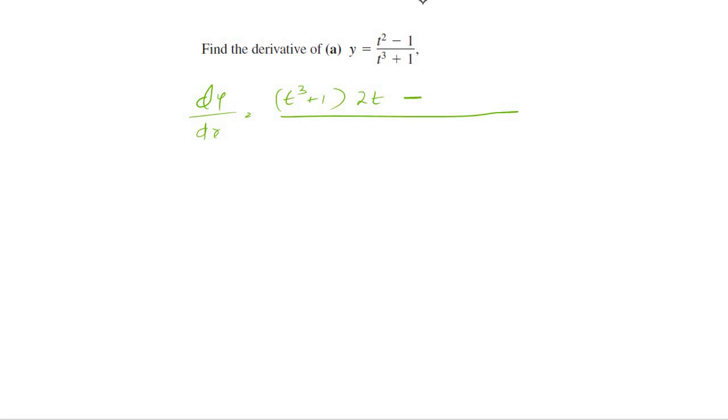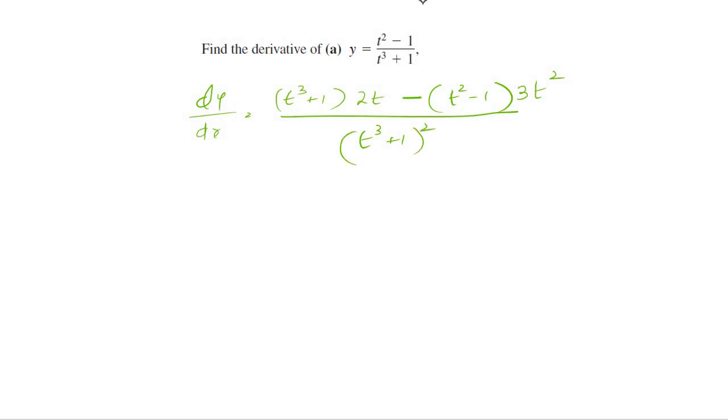Then we get minus, then we write the whole numerator, which is t squared minus 1, and the differentiation of the denominator, which is 3t squared, over, you take the denominator and square it, t cubed plus 1 squared.